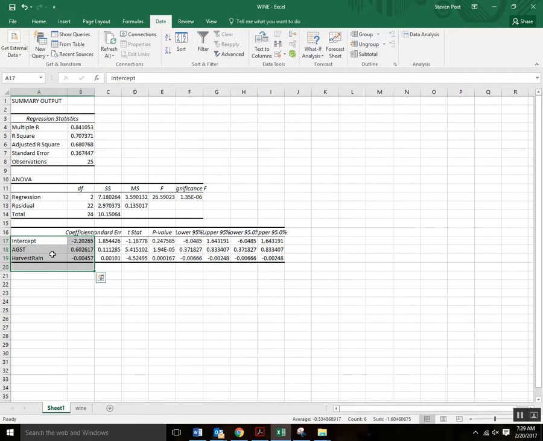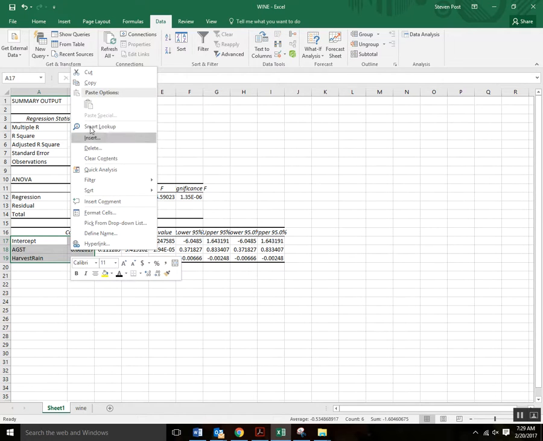So we have two kinds of x's, AGST and harvest rain, and they each come with their own slope, 0.60 for the AGST, negative 0.00457 for the harvest rain. And just like with the equation for the line, there's an intercept, that's the negative 2.2. So I'll just copy this so you can see how they show up in the formula.